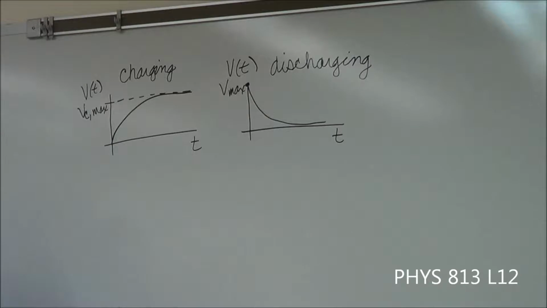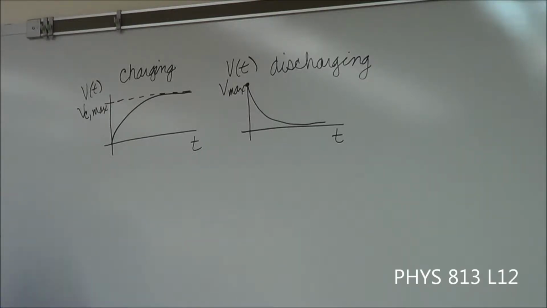We're going to think about having a circuit connected to an alternating current or alternating voltage source. The idea is that the current will go one direction, which means that the capacitor will charge one way, and then when the current starts going the other way, the capacitor will discharge and it will actually charge opposite of that.